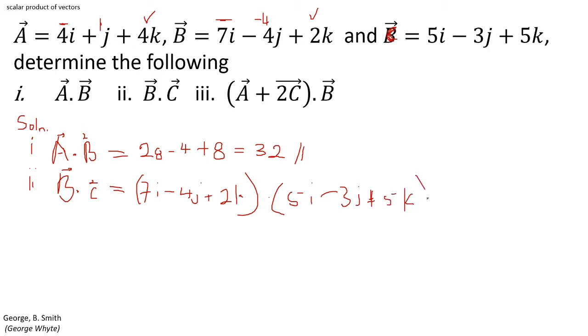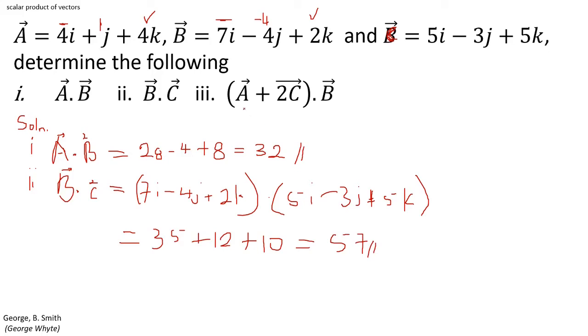So if we multiply these up, what we are going to get as a result should be 7 times 5, which is 35, if I know how to multiply. And minus 4 times minus 3, minus times minus will give us a plus, so that would be 12. And this is 2 times 5, and that is going to be 10. So if you add this up, this is going to give you 57, and that is our result. Okay, and with that we are done with that one.